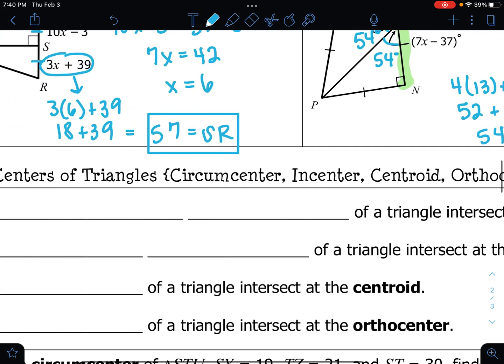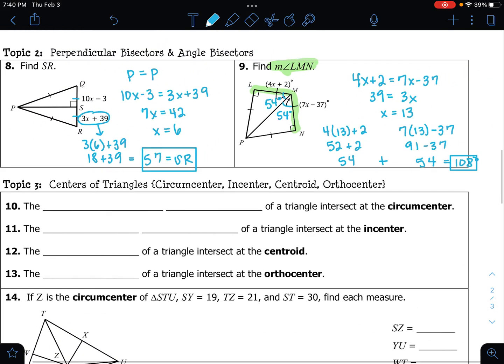All right, now the fun part, vocabulary. We need something that's going to intersect at the circumcenter. The 3 line segments that do that are perpendicular bisectors. The incenter would be angle bisectors.